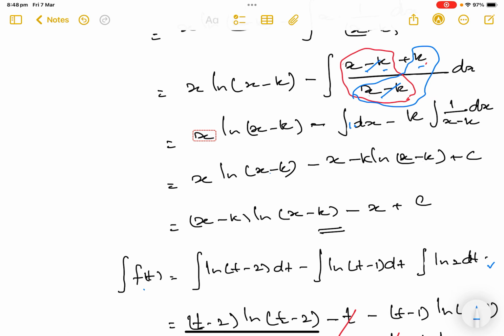So the first part is still the same, x ln(x minus k), and the integral of 1 is x, that is minus x, minus the integral of 1 over (x minus k), which is ln(x minus k). You should know that the differentiation of the denominator is the numerator, therefore ln(x minus k) plus c, again c is a constant.